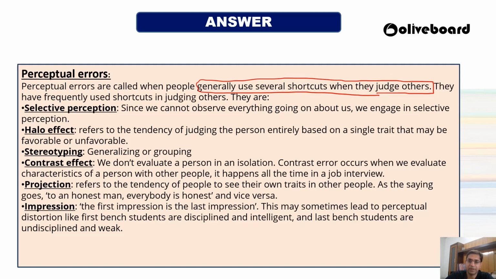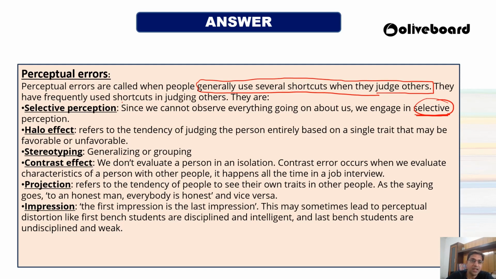So perceptual error means you are using shortcut methods in order to judge people. There are various ways in which you judge people, like selective perception. We cannot sometimes observe everything about somebody, so we have some kind of selective perception towards that person.